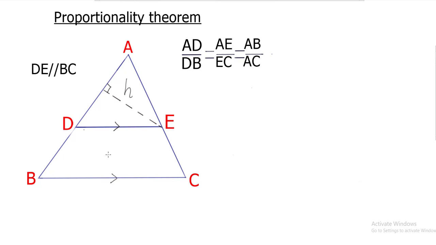All right. So now, we are looking at this base, DB, and the height is still the same. Can you see? Because AD is our ground, it's our base.